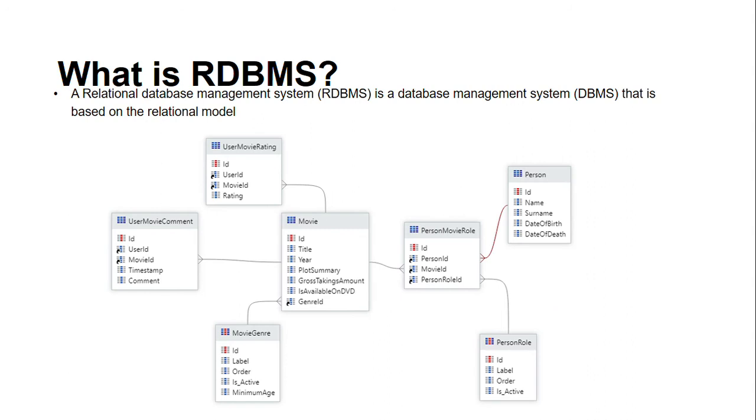So as I told you, what is RDBMS? We have different tables connected, or can say related, to each other. A relational database management system is a database management system that is based on the relational model. The relational model means one table is connected with another table with some primary keys and foreign keys. So how can we consider a primary key?